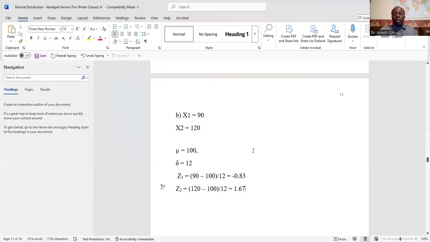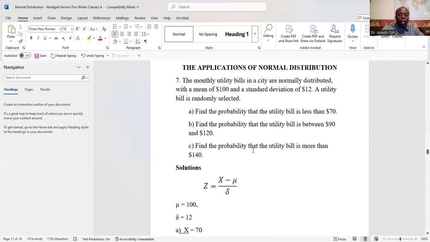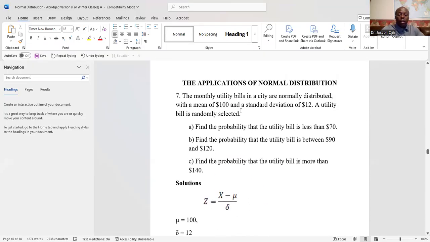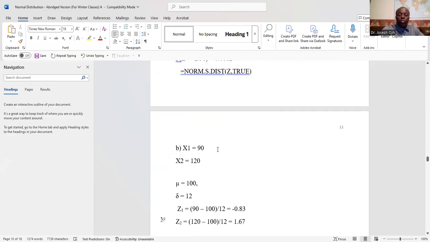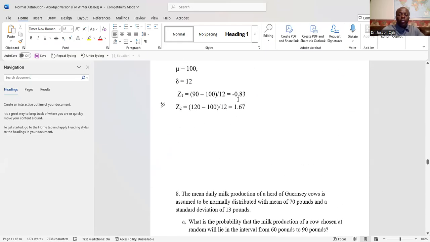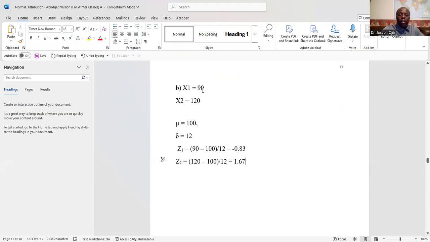So when it says between 90 and 120, it means between negative 0.83 and 1.67, because now it is no longer 90, it is now negative 0.83, and it is no longer 120, it is now transformed to 1.67.